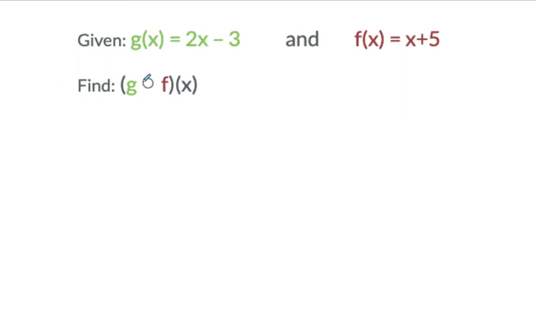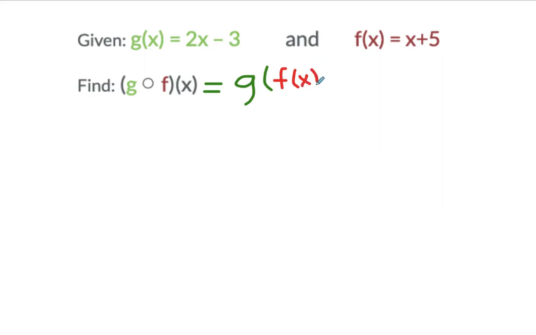Now remember that this little open circle right here doesn't represent multiplication. It actually represents "of," which is alluding to a composition. So another way that you could write this is g of f of x.